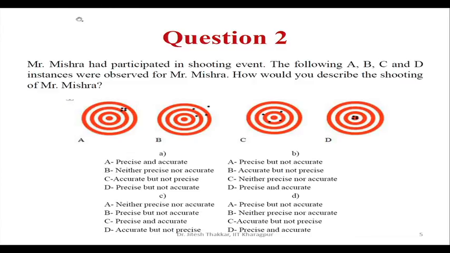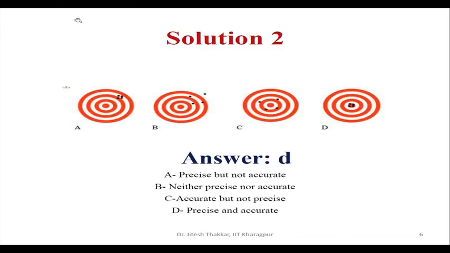The options are: A, precise but not accurate, B, neither precise nor accurate, C, accurate but not precise, and D, precise and accurate. So the answer which correctly represents the A, B, C and D events is answer D.